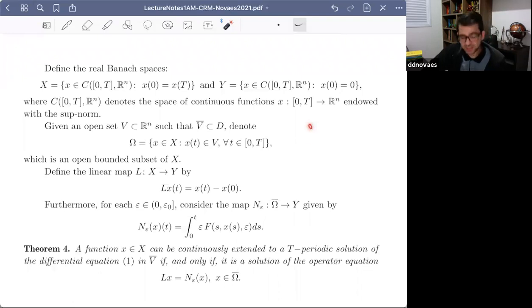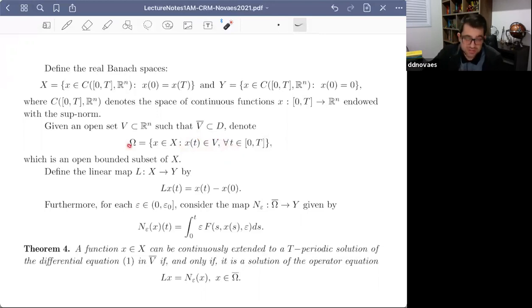The idea here is to find periodic solutions inside a set of the domain. So given an open set V of R^n such that the closure of V is inside the domain, we denote by Omega the subset of X such that x of t belongs to V for every t in the domain of definition of x.